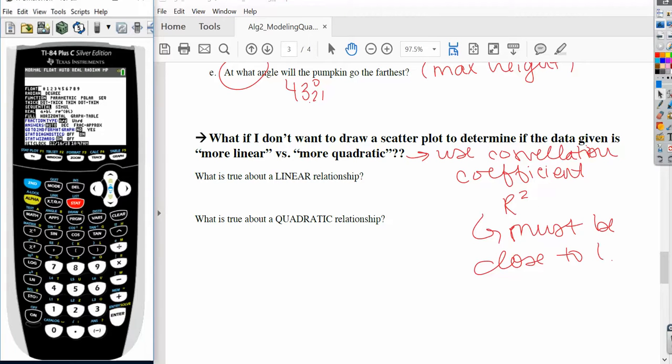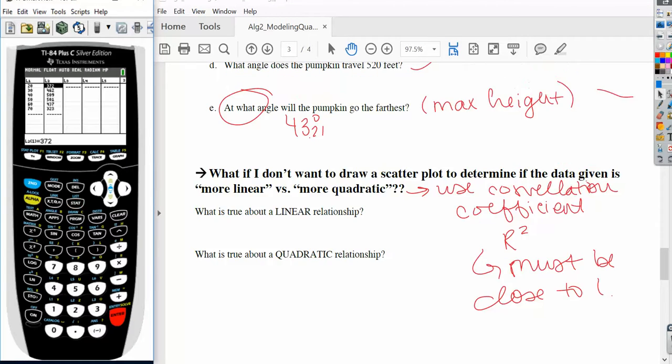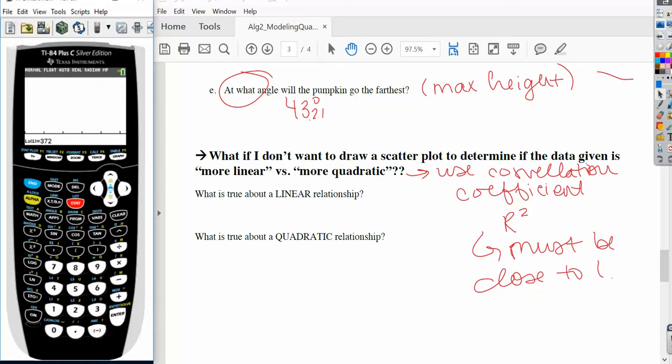I have my old data still typed in my calculator for my pumpkin throwing example. If I do stat and go over to calc and do number 5 for quad regression, and I just scroll down to calculate, I forget about storing in my regular equation to show you. Notice I now have R squared up here.